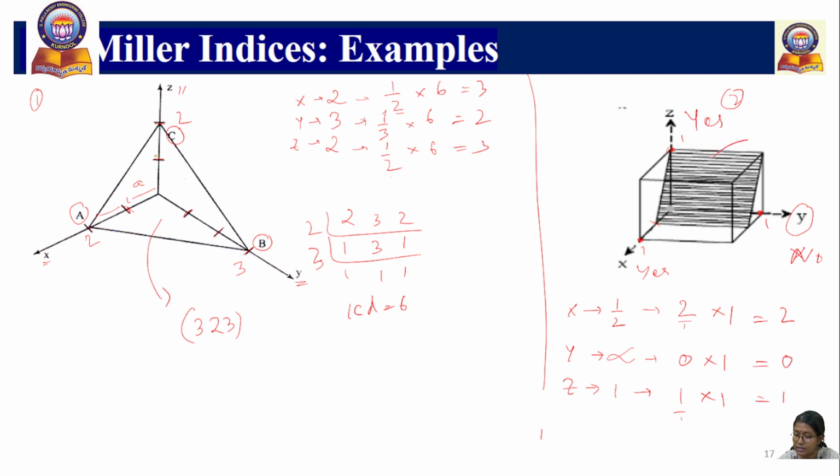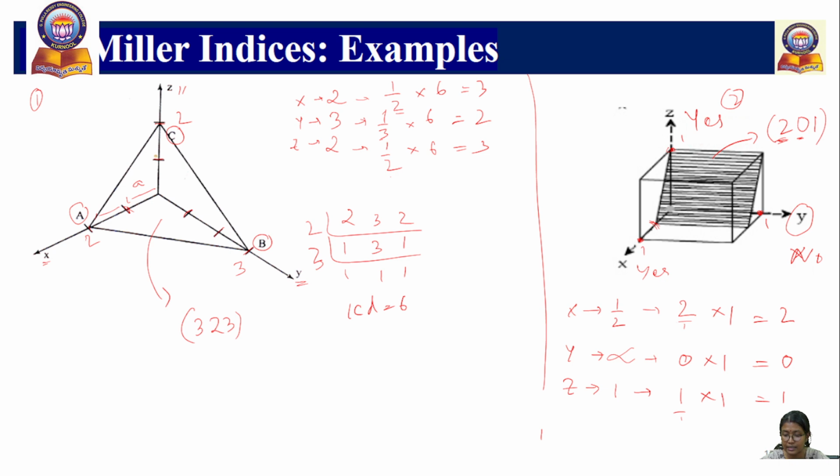So what is the Miller indices of this plane? (2 0 1) without commas. One thing you must notice here: whenever the intercept is half, we get the Miller index 2. Otherwise, if it is not cutting at all, we get the Miller index 0.